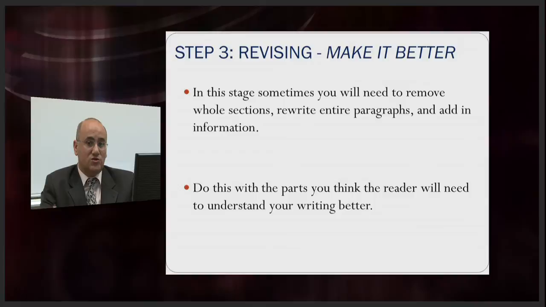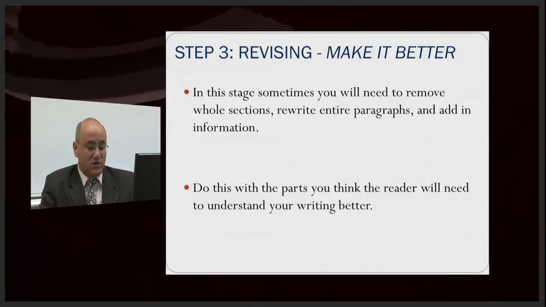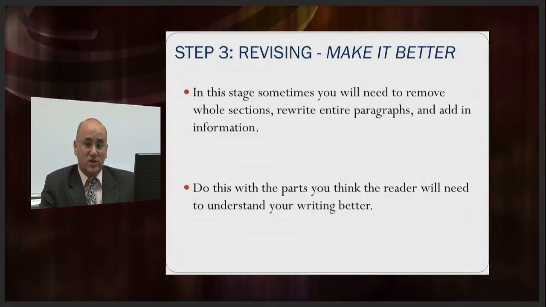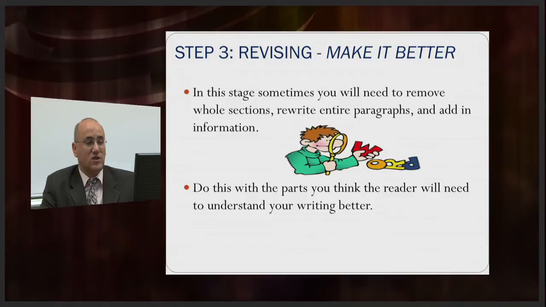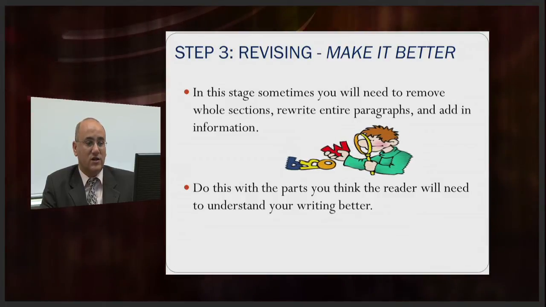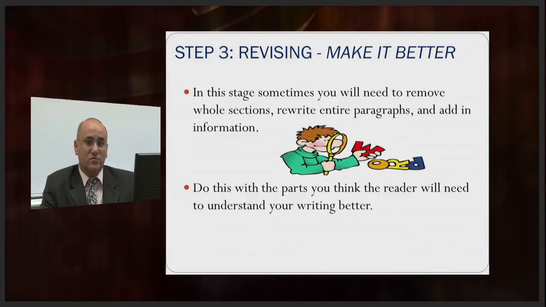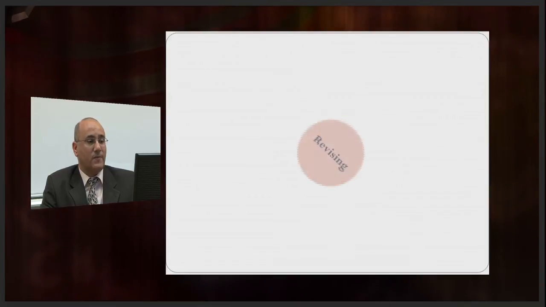Do this with the parts you think the reader will need to understand your writing better. As I told you, consider who your audience is, the people who are going to read or listen to your work. Will they enjoy fluent writing from you? You have to check, revise, review, and make it better.